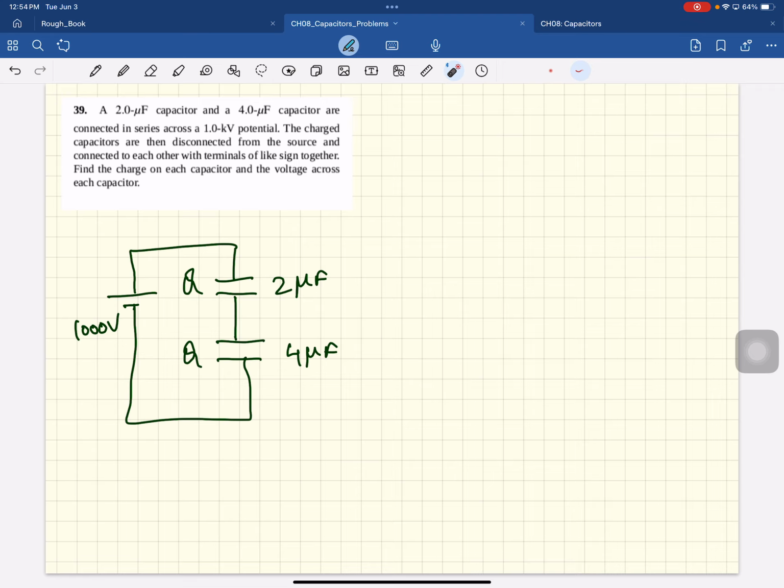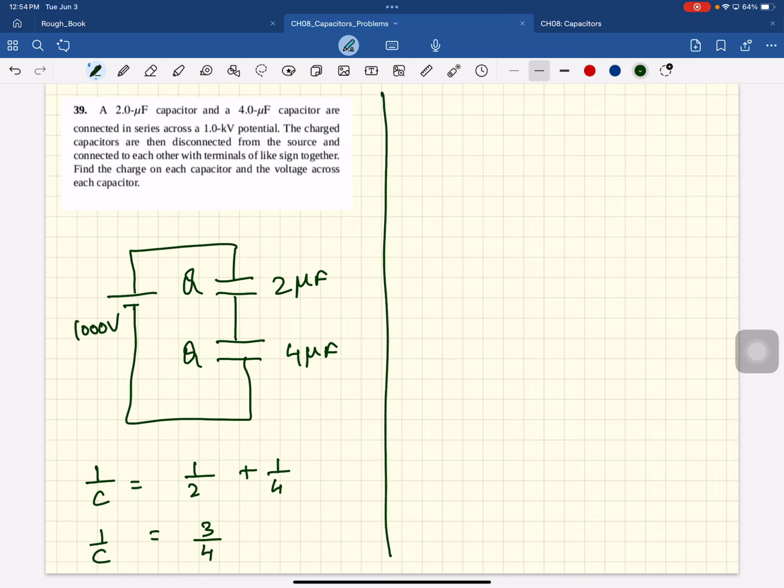Okay. So let's find the effective capacitance. And this is 3/4. So C is 4/3, 1.33 microfarads. Notice the effective capacitance will always be smaller than the smallest capacitance, okay, when you're in series.